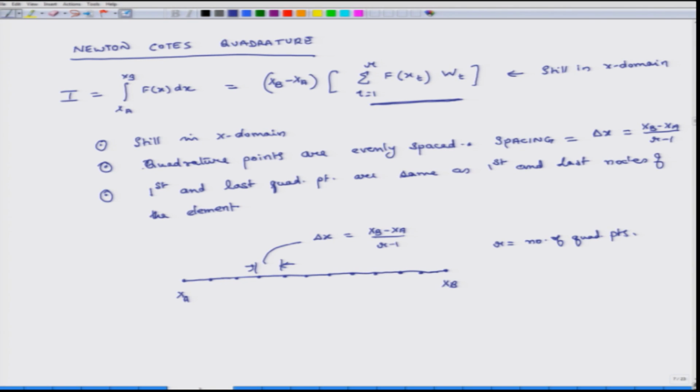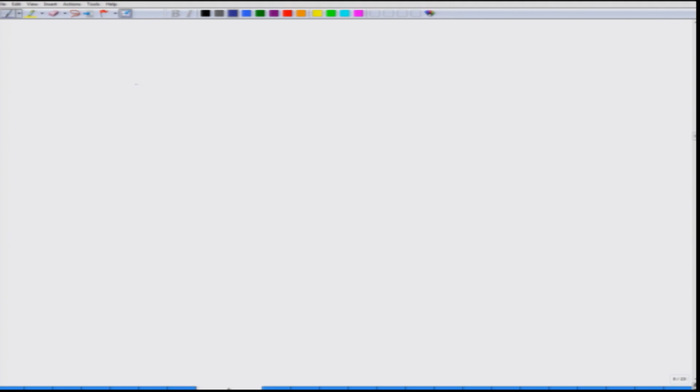So, the next thing is what the values of the weights are. For that we will give you this table. You have this column r, and then you have weights W1, W2, W3, W4, W5, and so on.